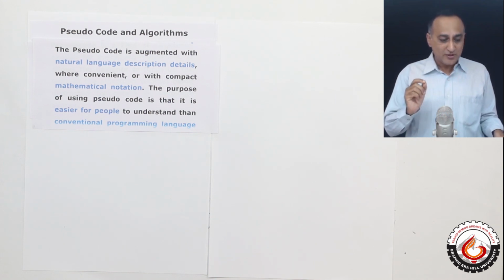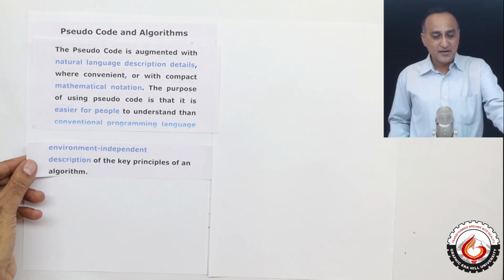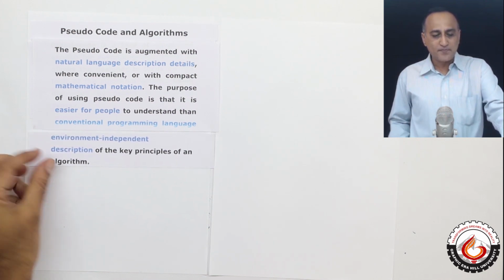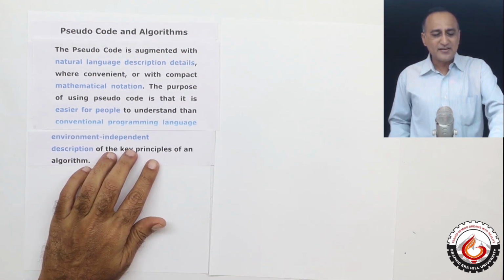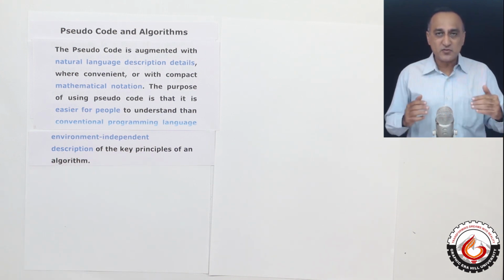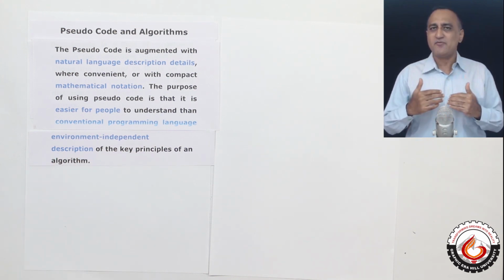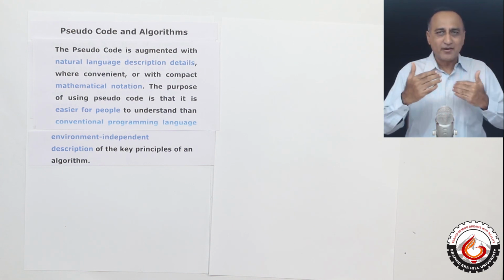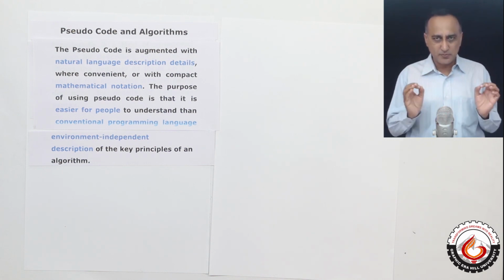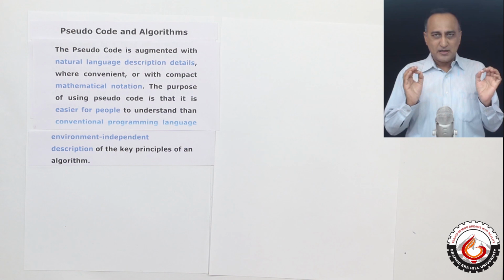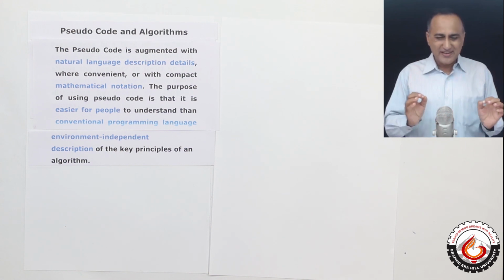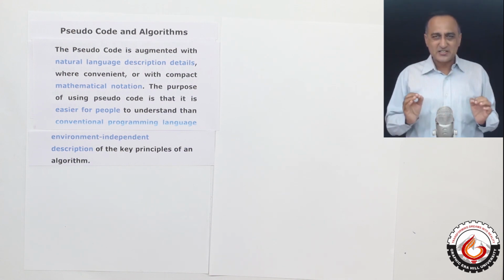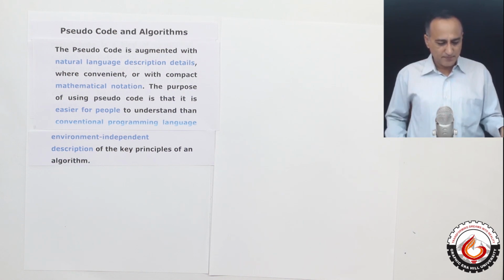In a pseudocode, the focus is on the human being understanding. Therefore, a pseudocode is not written like any programming language which we are going to study. It is written in a very English-like manner which you can read and easily understand what the program or logic intends to do. It describes the key ideas of the implementation.